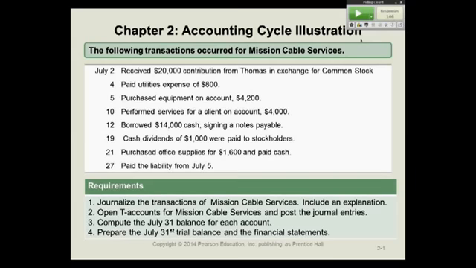Yes? Sure. Okay, it's a good question. You purchased a computer and a printer. Why wasn't it office supplies? Today, computers and printers are not all that expensive, and they don't last all that long.